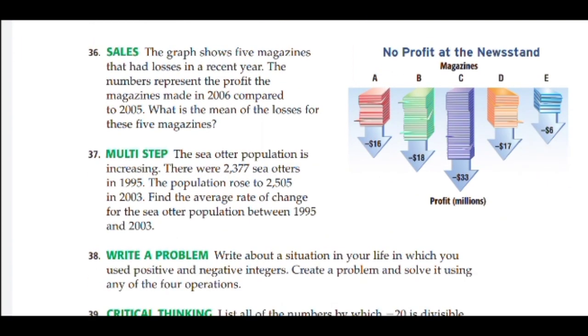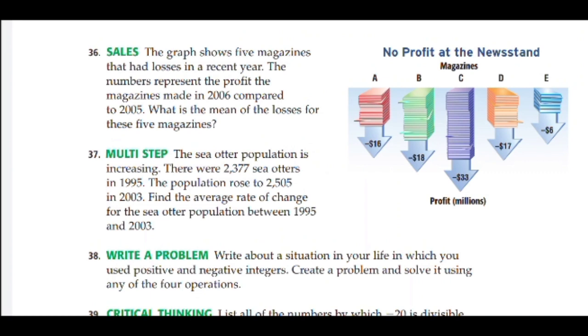37, Multi-step. The sea otter population is increasing. There were 2,377 sea otters in 1995.